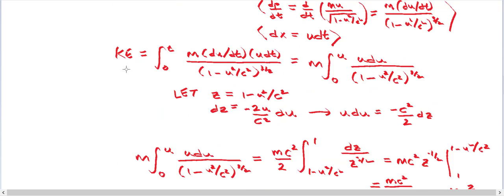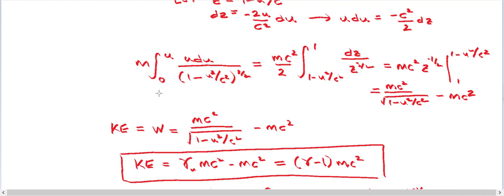But going all the way back up here, note that that integral was equal to the kinetic energy. The kinetic energy is just equal to the work done in bringing it from 0 to u. So the kinetic energy is mc squared over the square root of 1 minus u squared over c squared, minus mc squared.